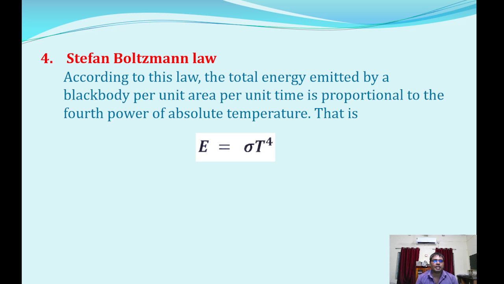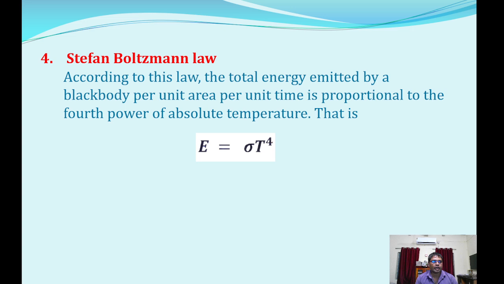Number 4, Stefan-Boltzmann law. According to this law, the total energy emitted by a blackbody per unit area per unit time is proportional to the fourth power of absolute temperature. The total energy emitted at a particular temperature is represented by the area under the curve.